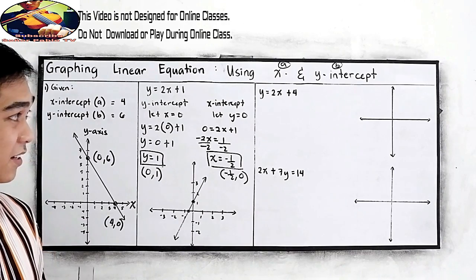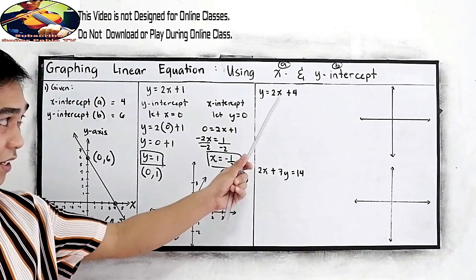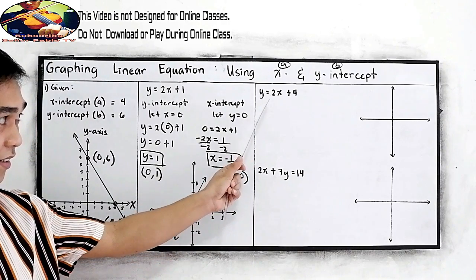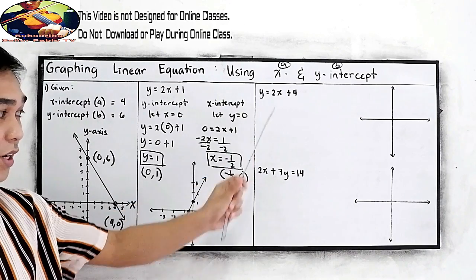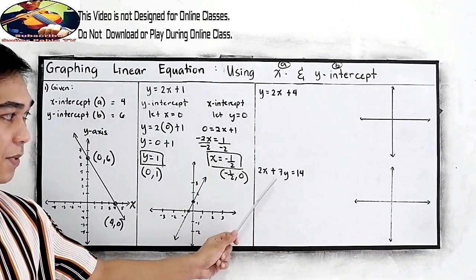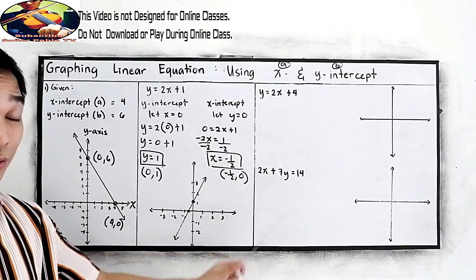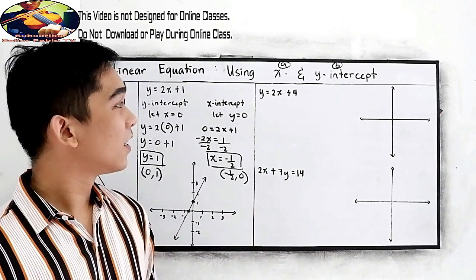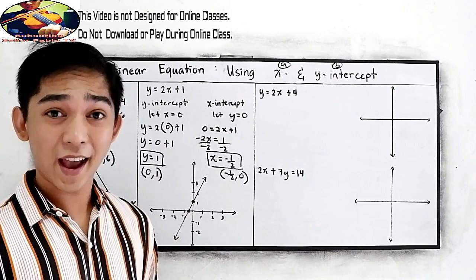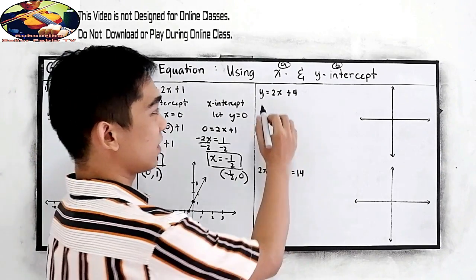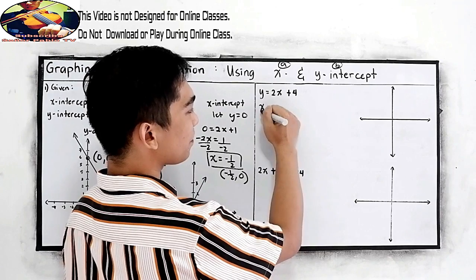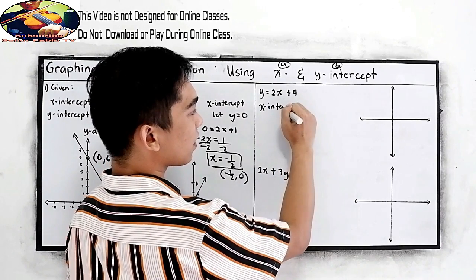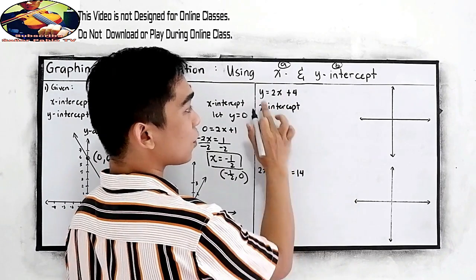Now your turn. Try to answer y is equal to 2x plus 4 and 2x plus 7y is equal to 14. Let's check your answers. So let us find the x and y-intercept. So x-intercept, let y be 0.